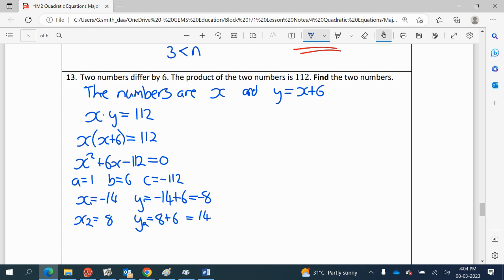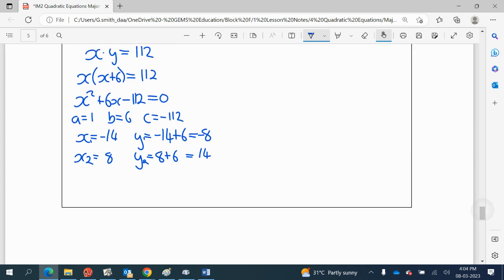And then we get two sets of solutions on this one. We can put it up using set notation if you want. We've got minus 14 and minus 8, or we've got 8 and 14. Okay, that's it. Easy.